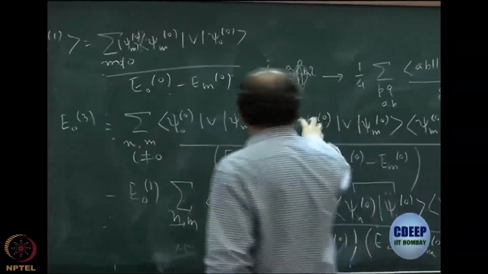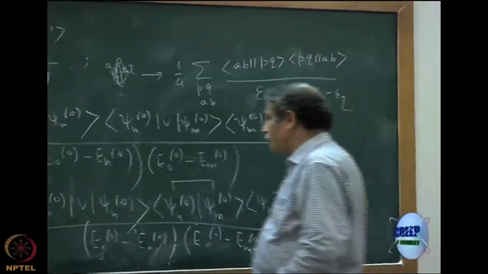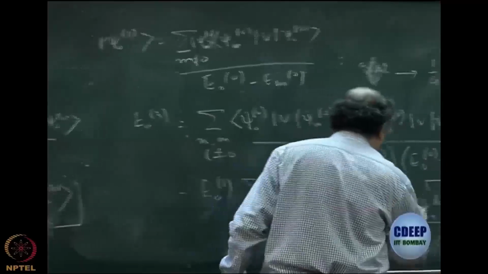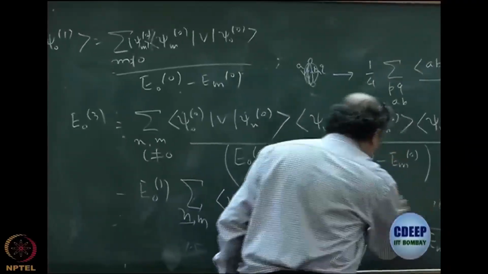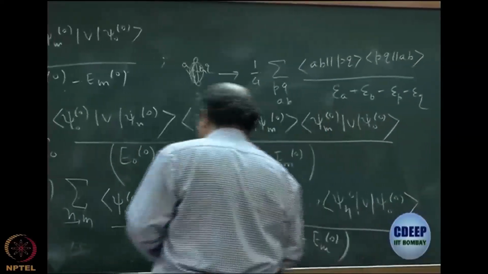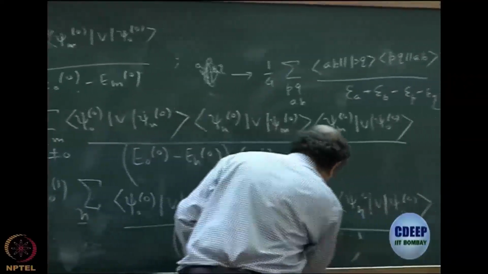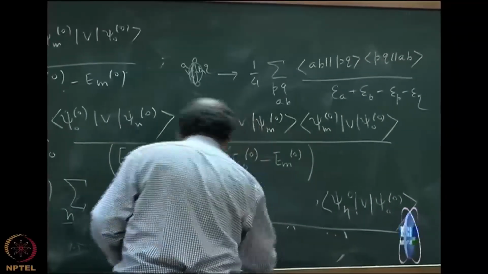Instead of V coming here, it has gone out. So this can be taken out. So n is now equal to m. So I can put this as psi n 0, and the summation over m can be knocked out, and I can call this also E naught square, right?